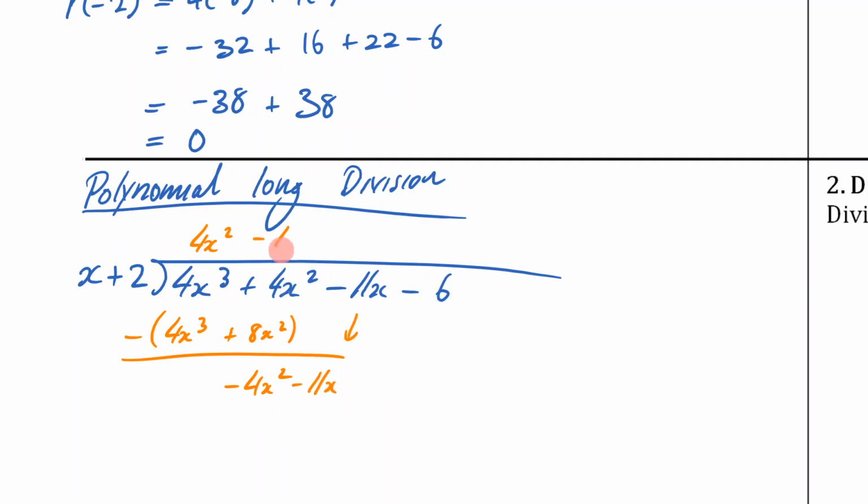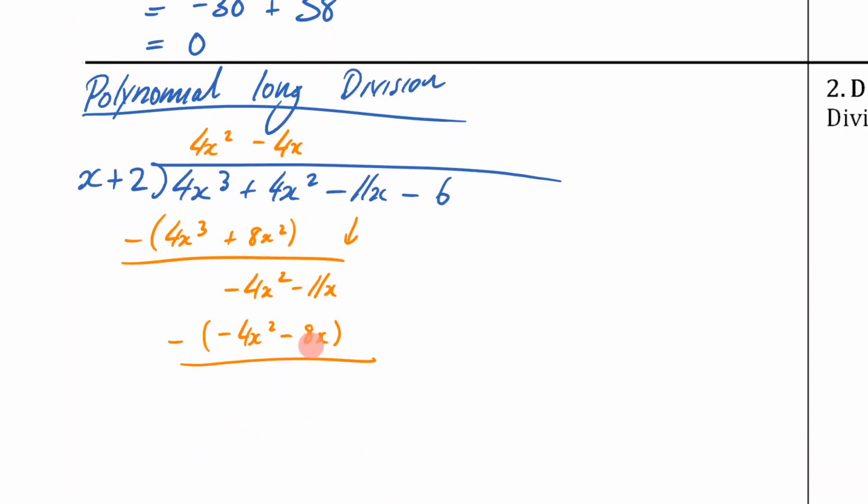This will be negative 4x, so negative 4x squared minus 8x, brackets, minus. This ends up being plus negative 3x, carry this down to be minus 6. This is going to be negative 3, then negative 3x minus 6, brackets, 0.